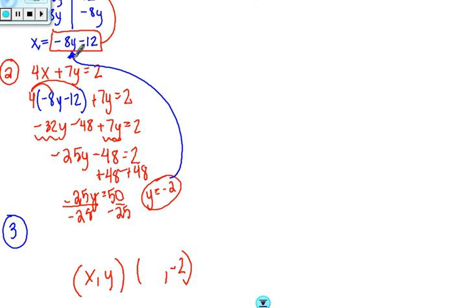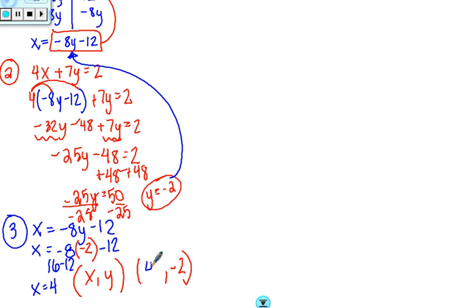So our answer was negative 8y minus 12 equals x, and I put in negative 8 times y, we found y to be negative 2, minus 12, then I would get x equals 16 minus 12, which is 4. So my answer to this problem is 4, negative 2.